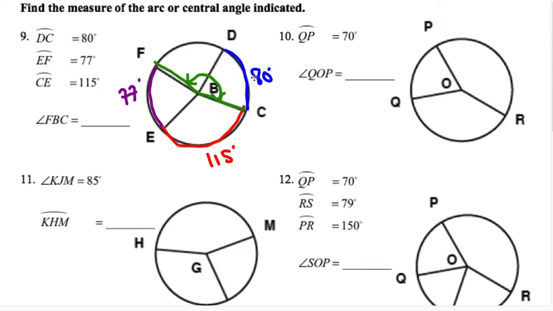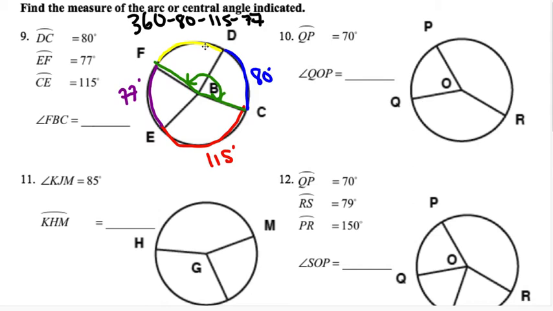So that's going to be 80 degrees plus whatever this bit is. Now to figure out this bit, what do we do? We take, well, this is going to happen a lot, so get used to it. 360 minus 80 minus 115 minus 77, and that will give us what that is.